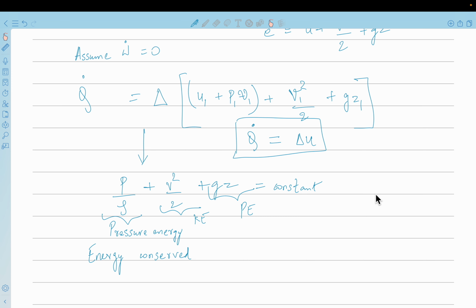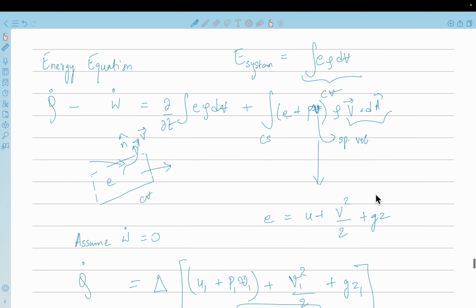You have to apply Bernoulli's equation only along a streamline. You can also come to the same Bernoulli's equation starting from the energy equation, making several assumptions. So again, Bernoulli's equation is valid, or this energy conservation occurs, only along a streamline. Okay. Any questions over here?